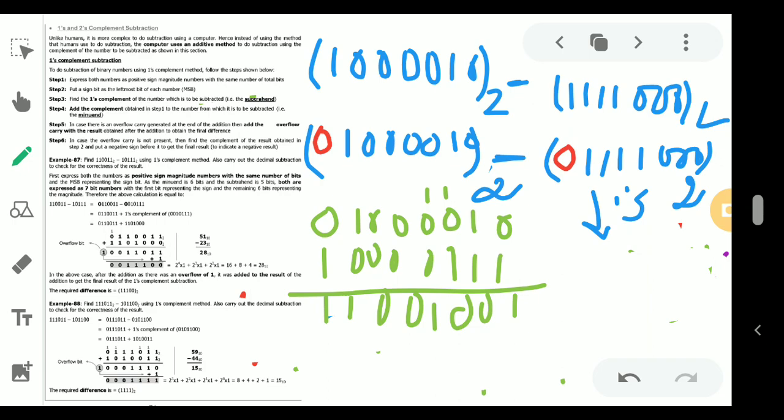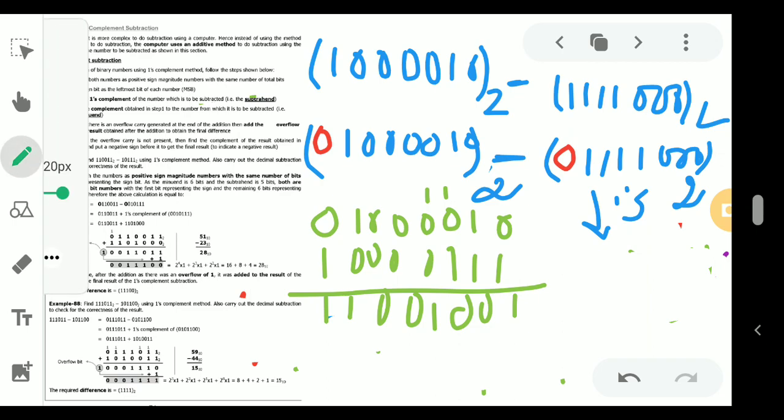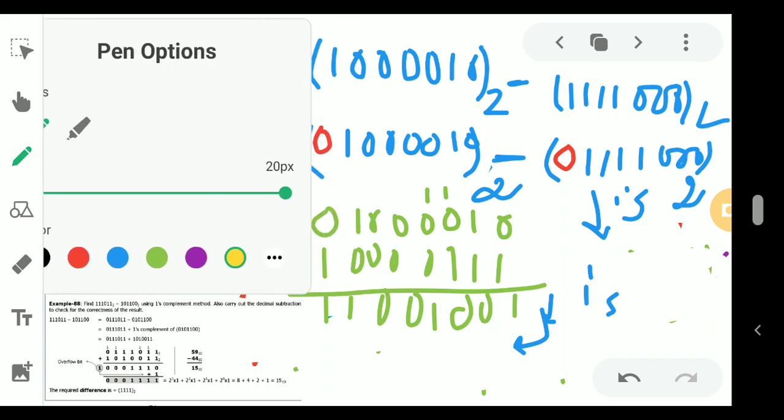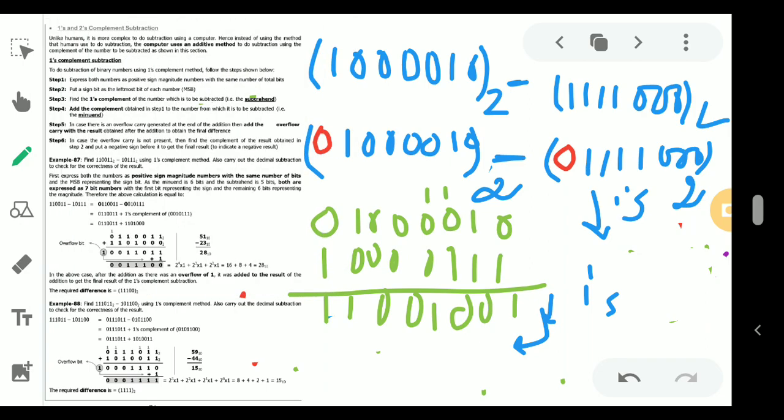If there is no carry generated, you have to find the ones complement of the particular number. So the ones complement of this answer would be 0 1 1 0 1 1 0 0. So the final answer would be 1 1 0 1 1 0.